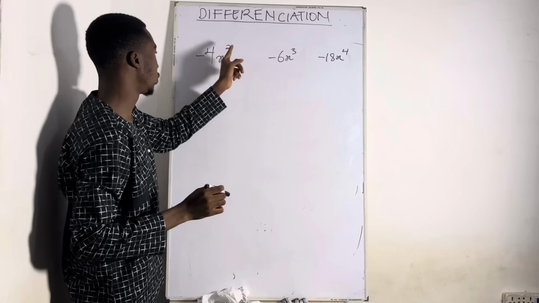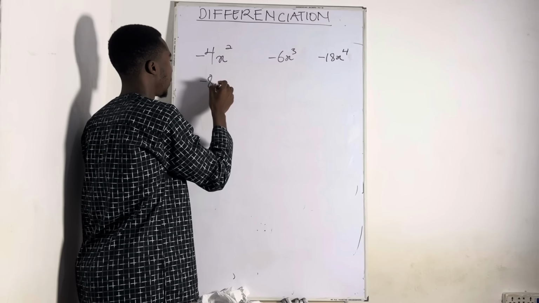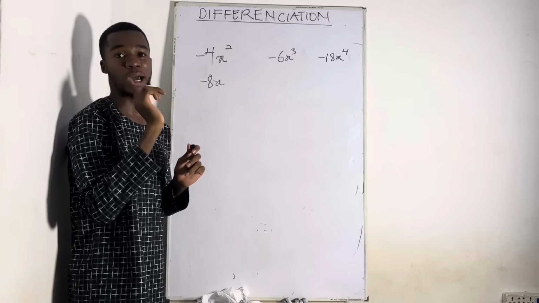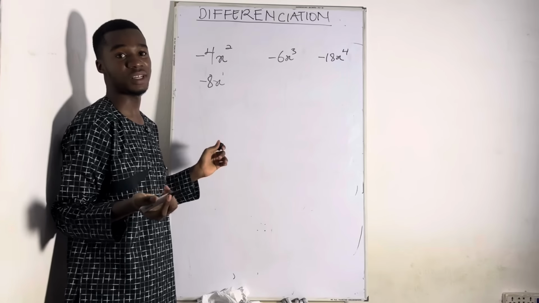You get it? So 2 times negative 4 will give you negative 8, right? So negative 8x. Then you reduce the exponents by 1. So it becomes negative 8x exponent 1, but it's the same as negative 8x, you get it.